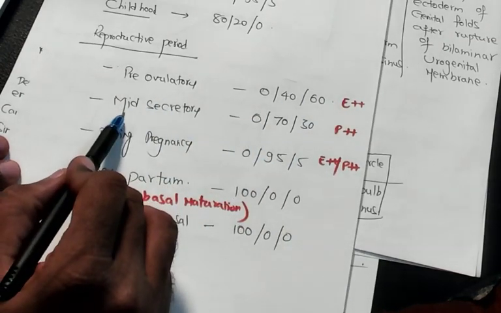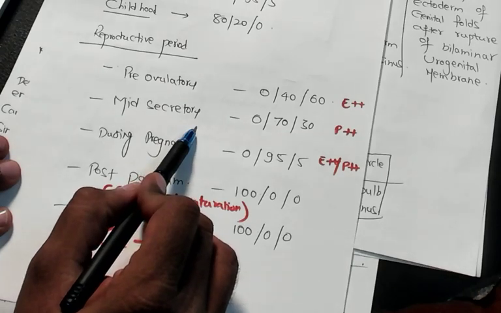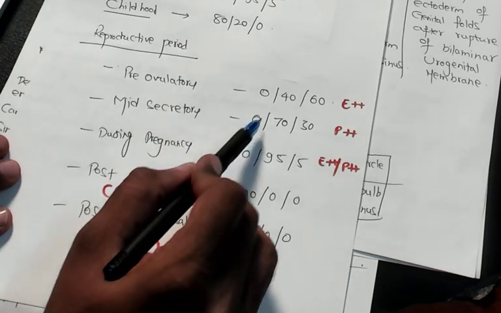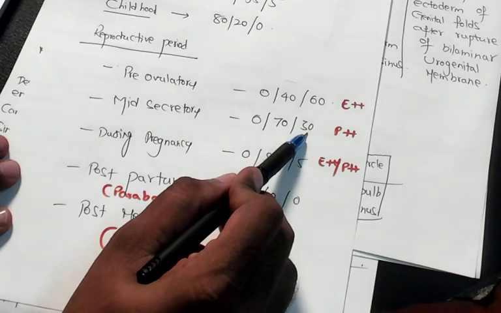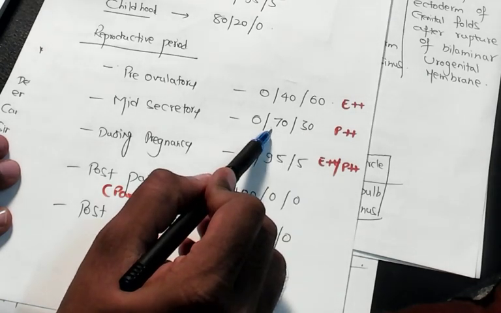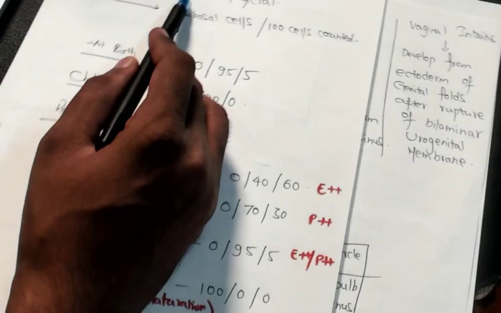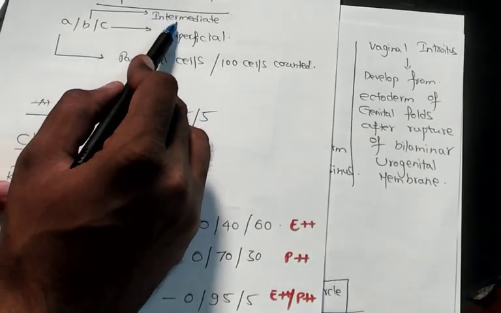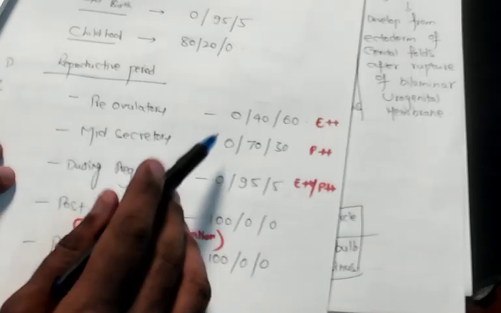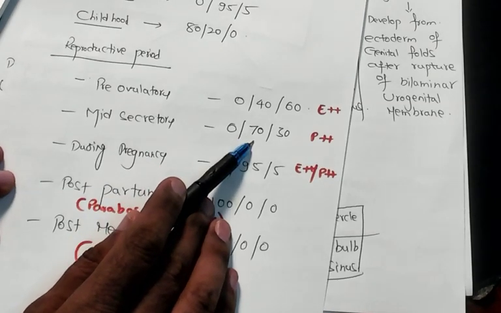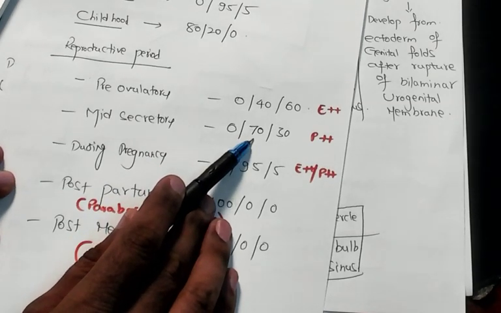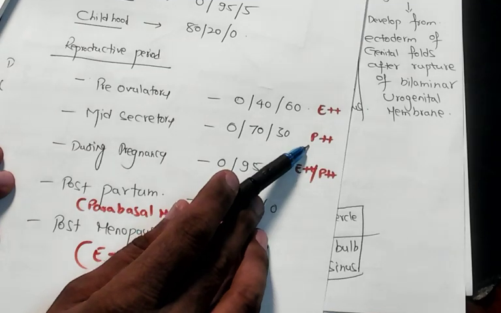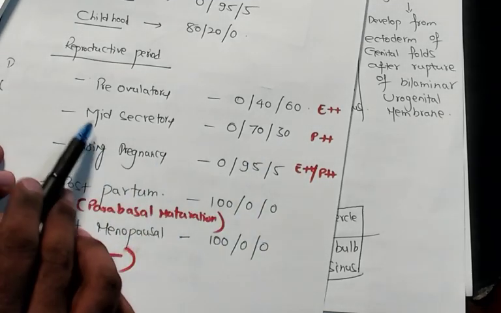Then mid-secretory, that means after ovulation, 0 by 70 by 30. 70 is what? B. B means intermediate. So intermediate cells are predominant, because progesterone is predominant in the mid-secretory phase.